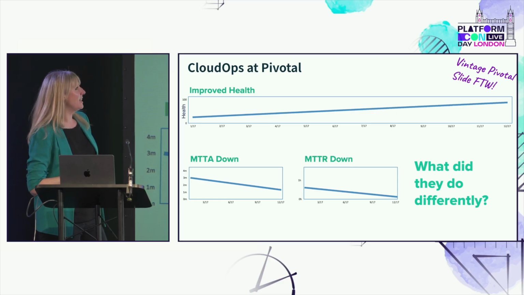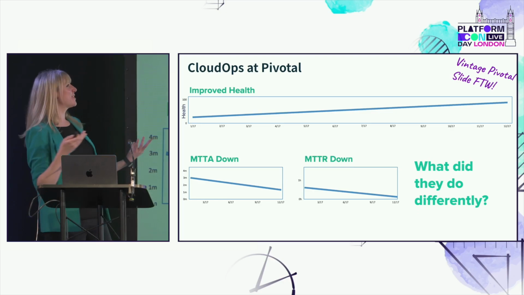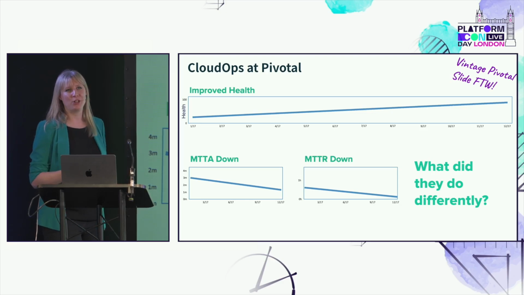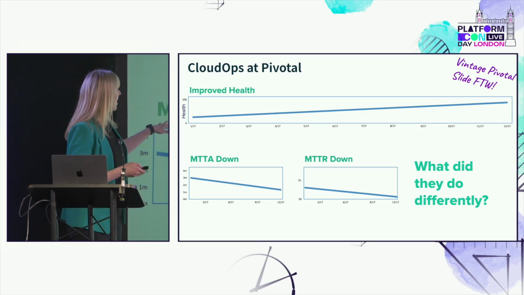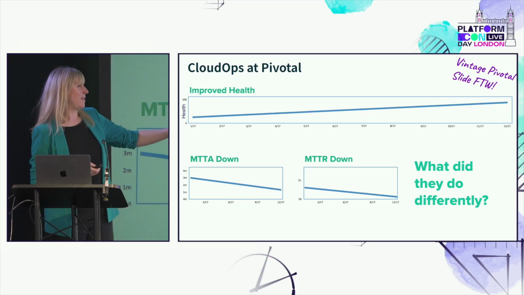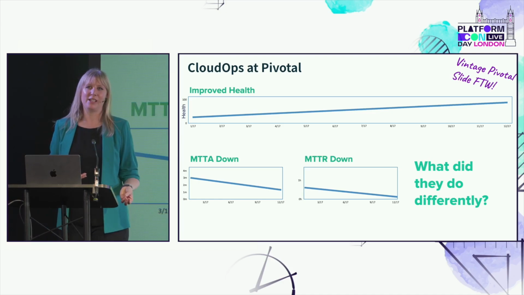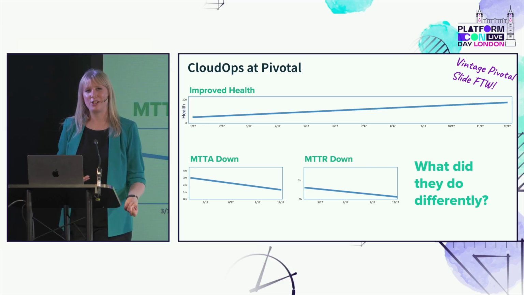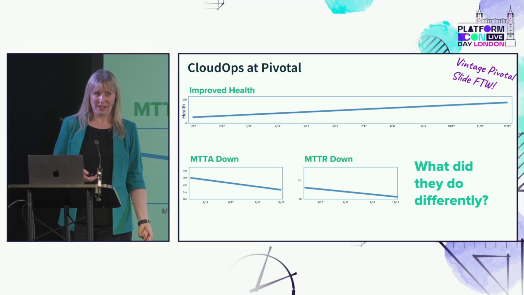So what they did, and this is a team that no longer exists, and I may be the only person still out here at conferences telling this story, is they improved the health of the humans involved in supporting this service. They reduced their MTTA, they reduced their MTTR, and it was the implementation of these practices, the measurement of their SLIs and SLOs, the scrutiny over their error budget, and the prioritization of the things that were needed to help those humans do their job better.